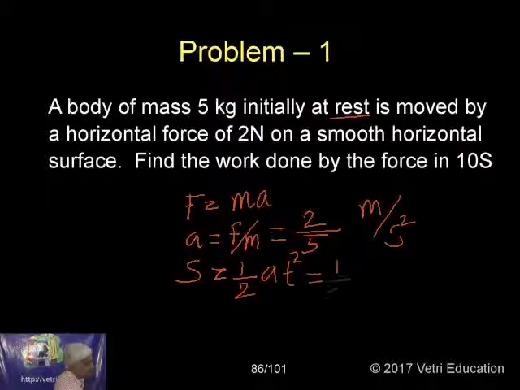That is equal to half into 2 by 5 into t, which is 10, 10 square. That means 10 into 10. Now we can take this 5 times. These two are getting cancelled.